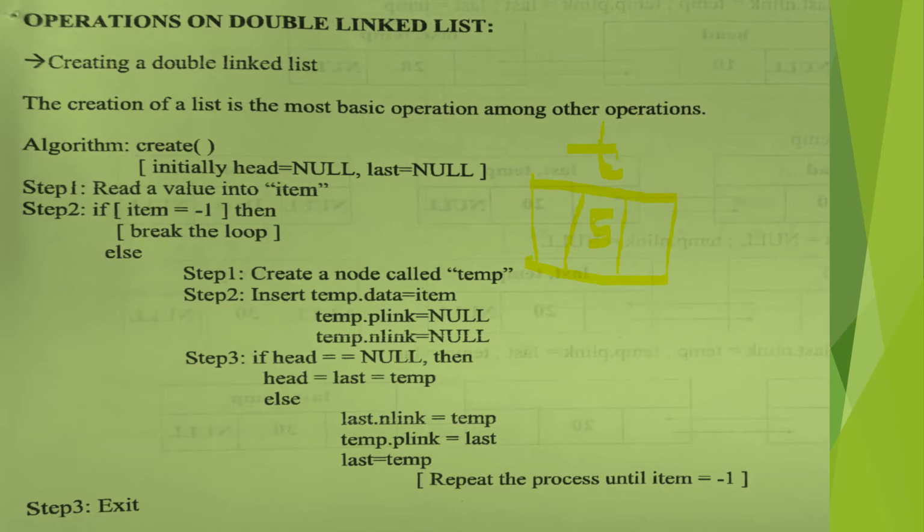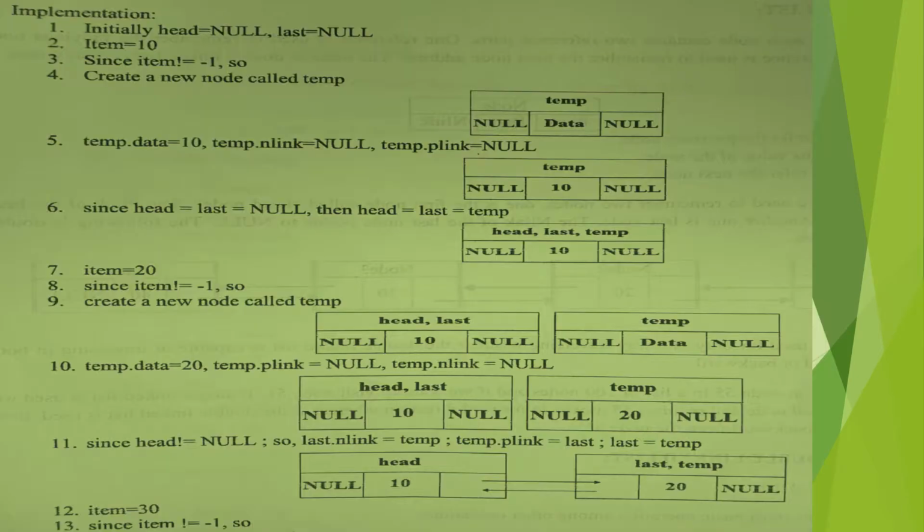Let us see this algorithm in diagrammatic representation. Creation. Initially head equal to null and last equal to null, since there are no elements in the double linked list, and I want to insert first element as 10.